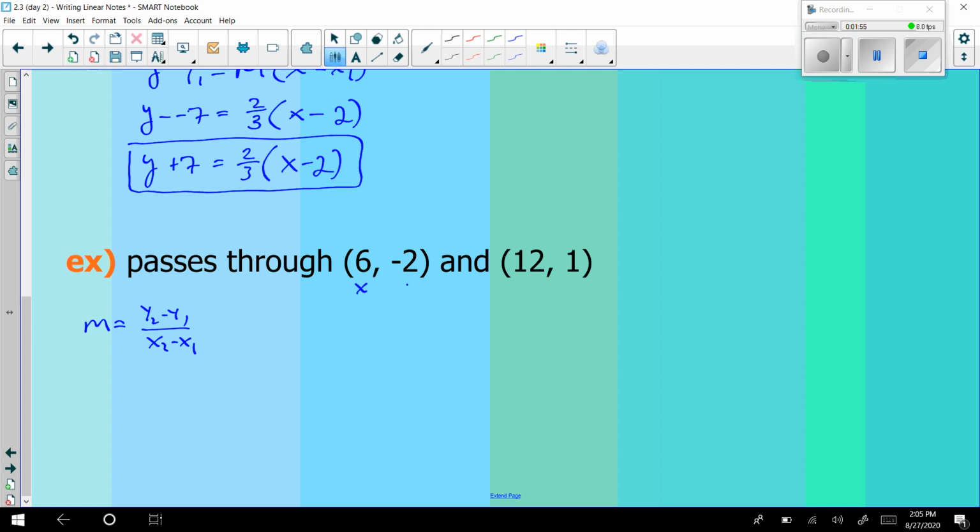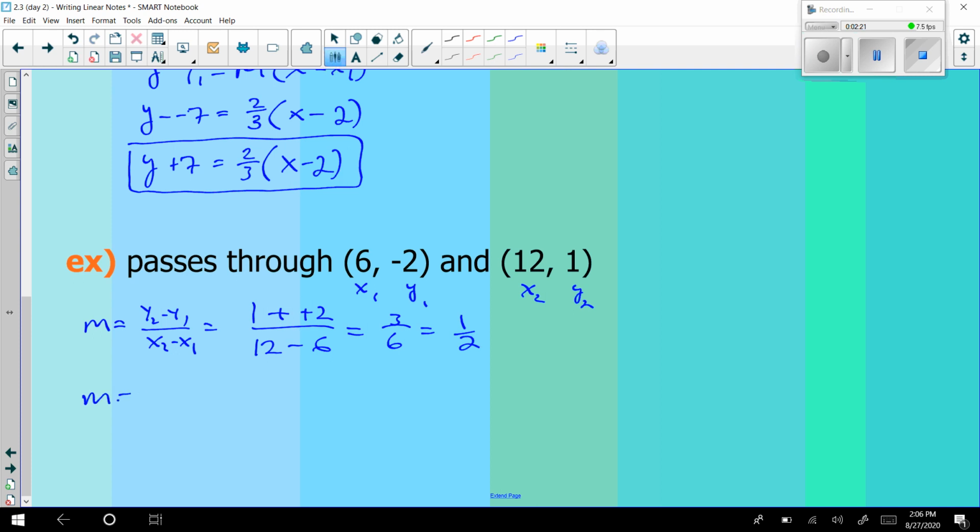If this is my (x1, y1) and my (x2, y2), and I fill that in, y2 is going to be 1 minus y1, which is -2, over x2, 12 minus 6. So 1 minus -2 is like 1 plus 2, which is 3. 12 minus 6 is 6. That simplifies to be a slope of 1/2.